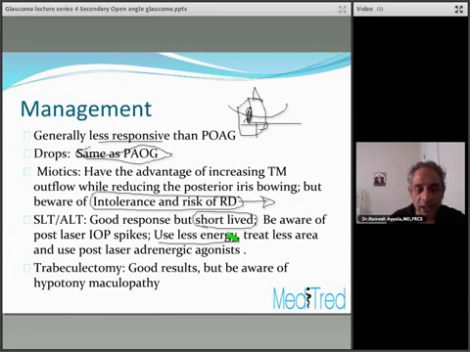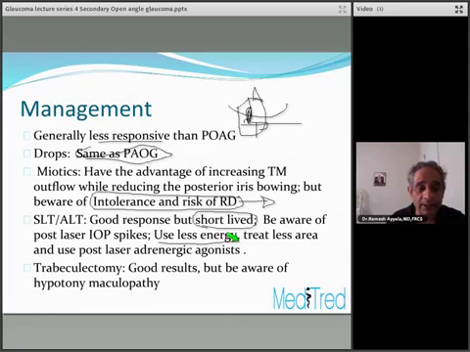So when you see a lot of pigment in the angle, note that the energy that is absorbed by the pigment is much higher, and that's the reason why you want to use the least amount of energy to get away with. And typically, if you're using SLT in a patient with 3+ pigmentation, I start off with maybe 0.2, as opposed to 0.8 in a normal patient with no pigmentation.